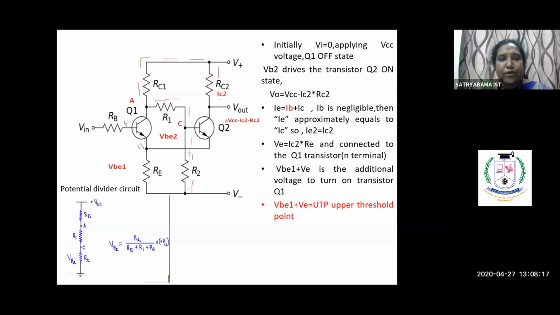RC1, R1 and R2 form a potential divider circuit, so the voltage VB2 is equal to R2 divided by RC1 plus R1 plus R2, into VCC. When you provide the VCC supply, the current flowing through RC2 is IC2. The IC2 flows through the RE resistance, so VE is equal to RE into IC2. This is called the upper threshold point.